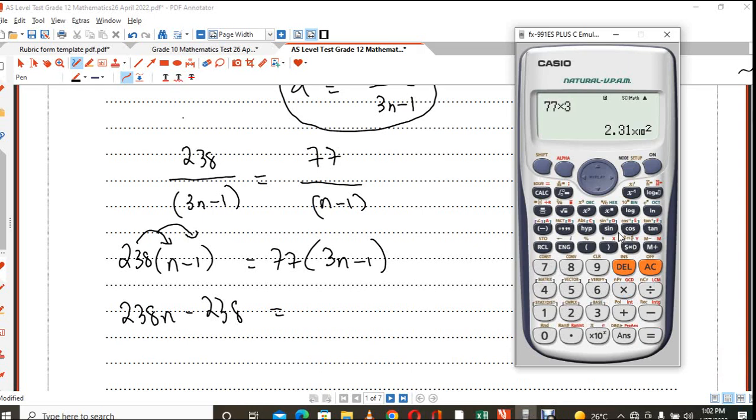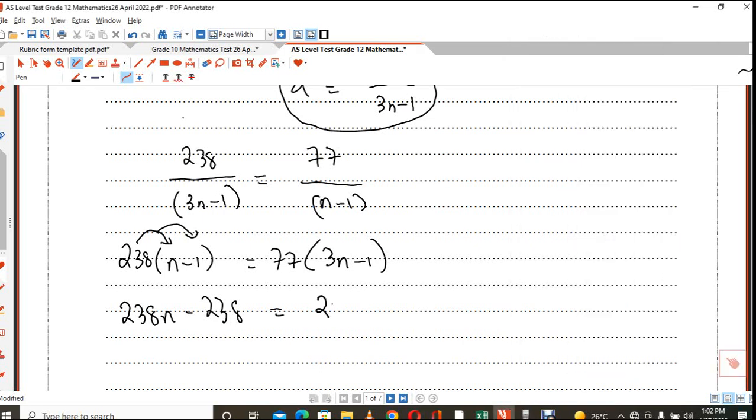Okay. Oh, this thing is still in standard form mode, previous class. 231 n minus 77. Do you realize it's a linear thing? You'll have n one side, numbers one side. So that means 238n minus 231n equals to minus 77 plus 238.